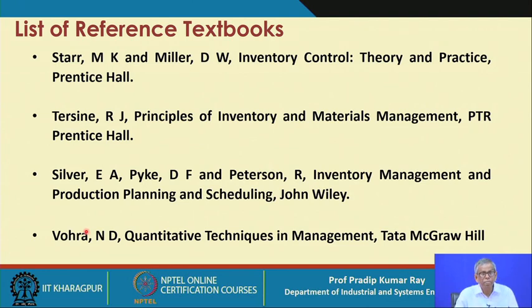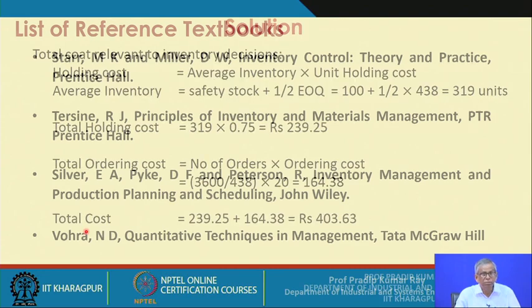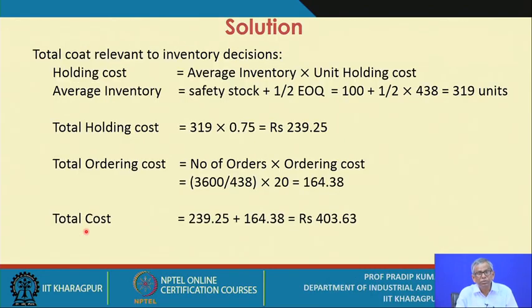So you go through, and what we have actually explained, what we have dealt with is what are the EOQ models available under different conditions, like original EOQ model, the EPQ model, EOQ with shortages, and EOQ with discounts.